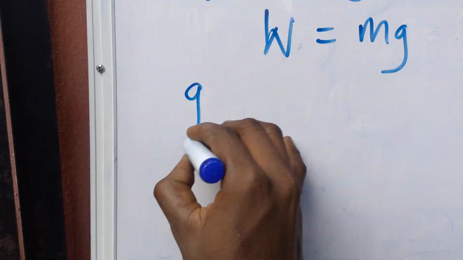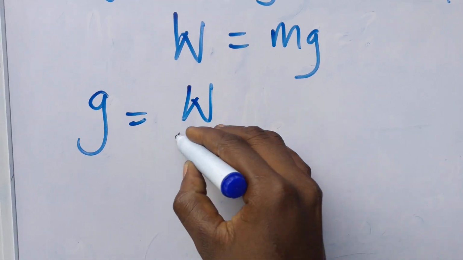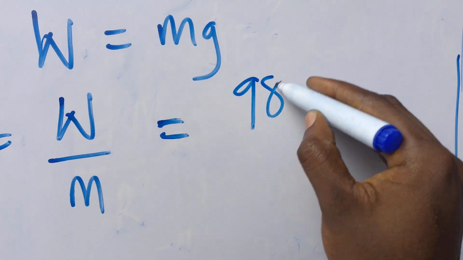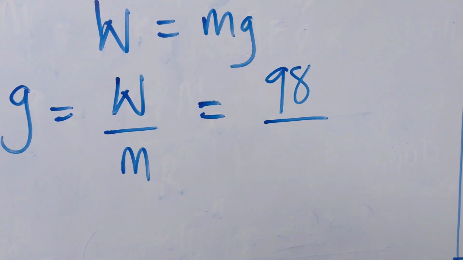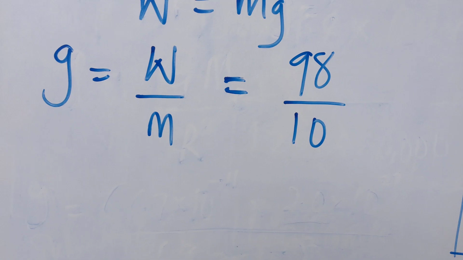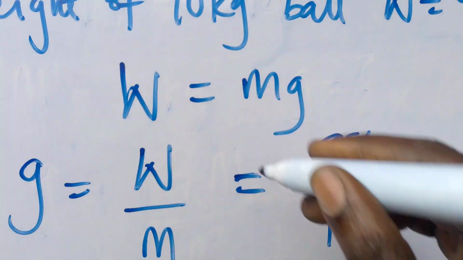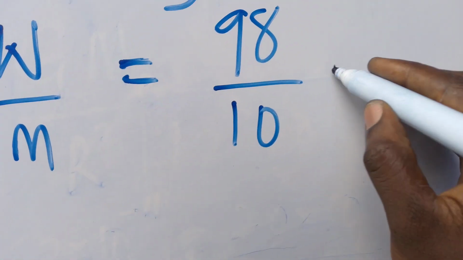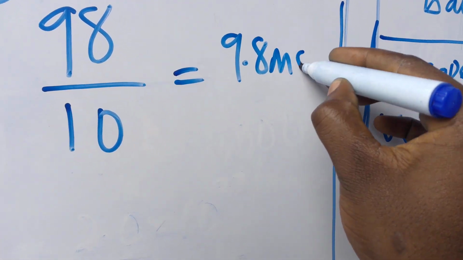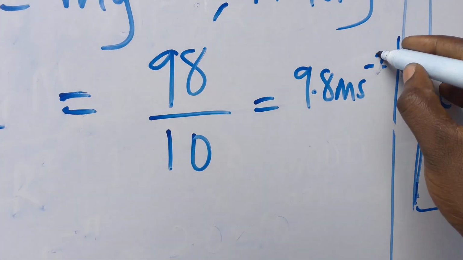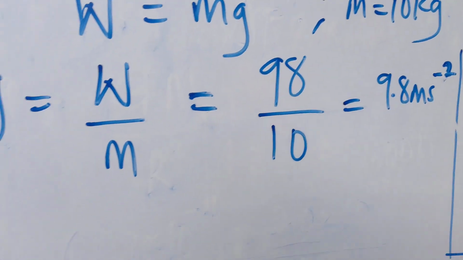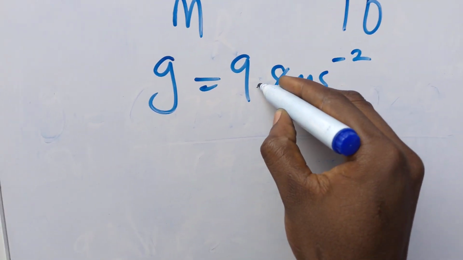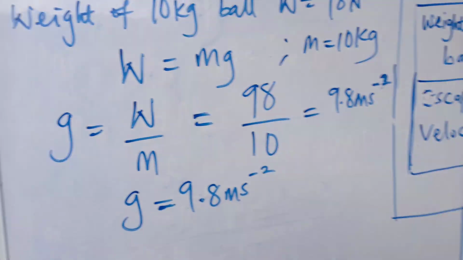So g will be equal to W over m, which is 98 divided by the mass of 10 kg. That gives 9.8 meters per second squared, the acceleration due to gravity.